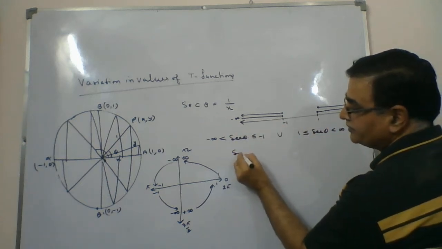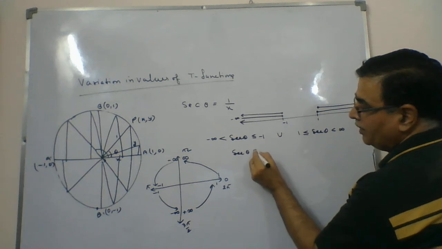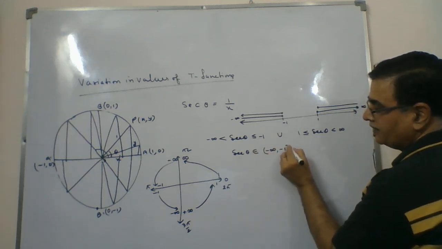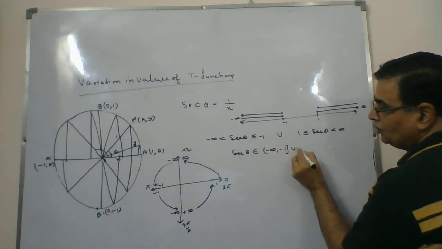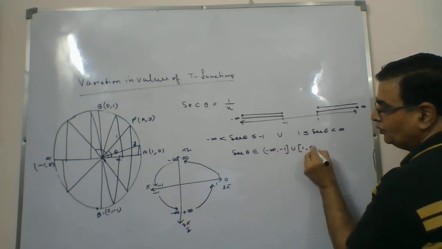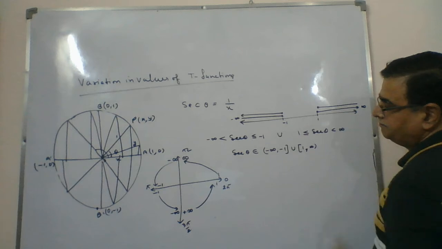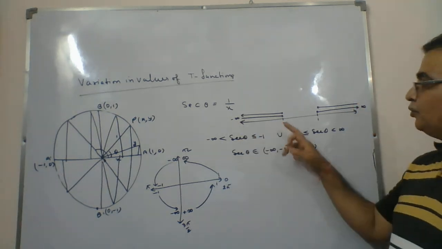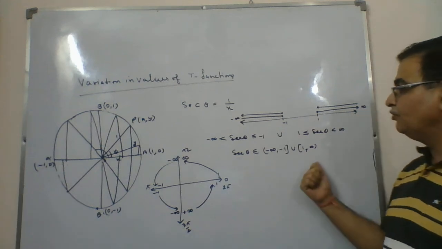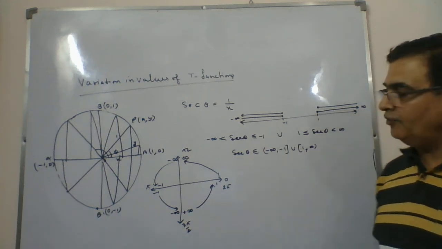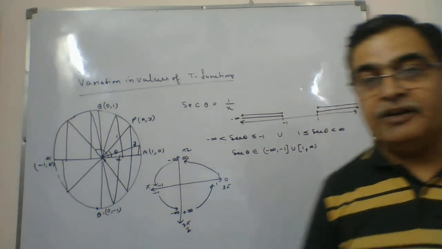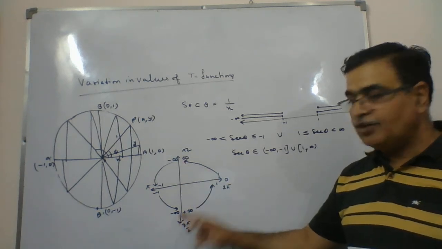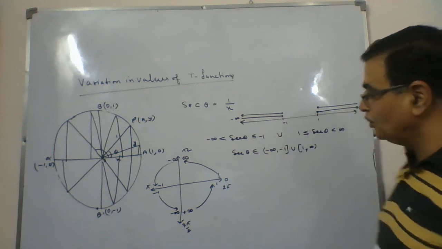Or you should write it this way, sec theta belongs to minus infinity to minus 1, union 1 to infinity. This is your sec theta we have. Minus infinity to minus 1, union 1 to infinity, that is your sec theta. Again, where sec theta is not defined, just check: at pi by 2 it is not defined, at 3 pi by 2 it is not defined, so we should go according to that.